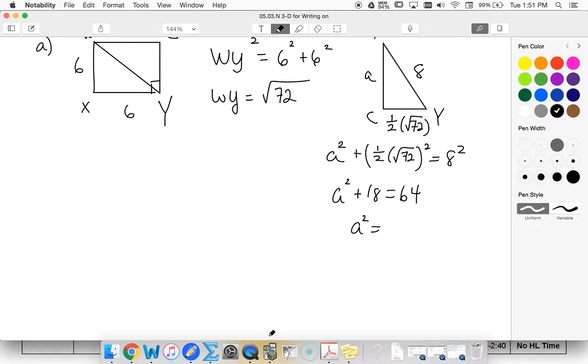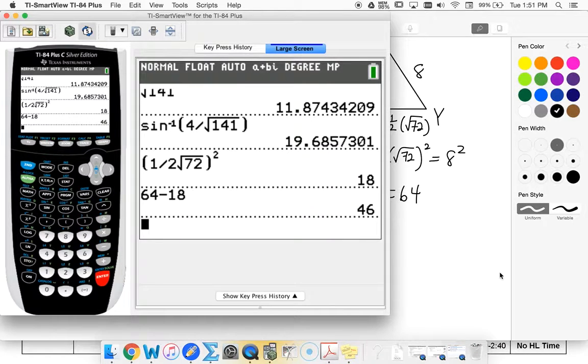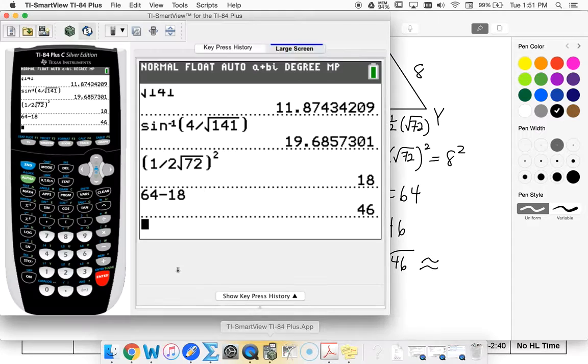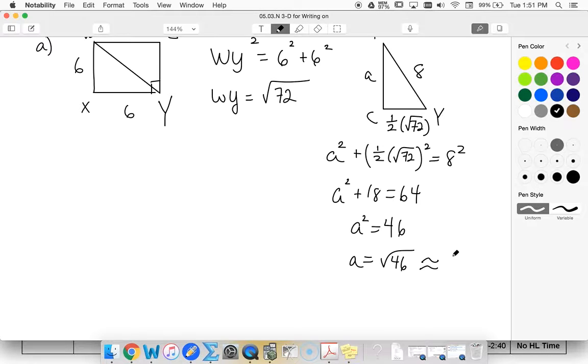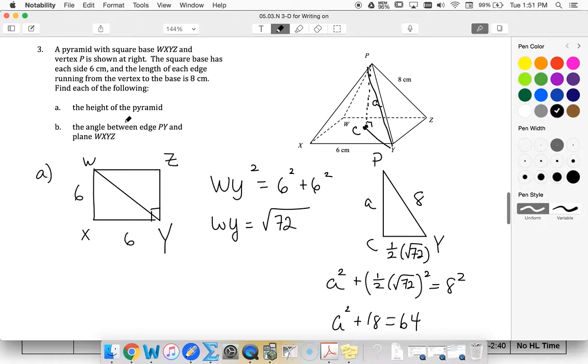A squared is 64 minus 18. So then A is exactly the square root of 46, or approximately 6.78 centimeters. So there is my height.